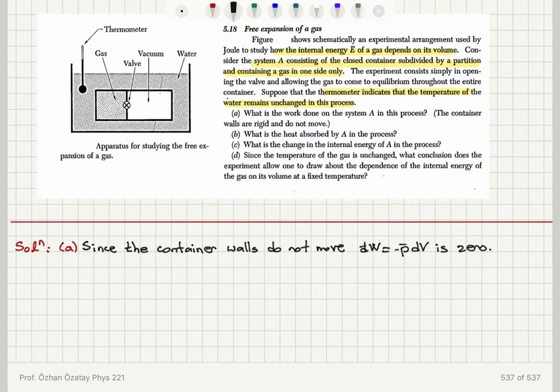And furthermore, if you concentrate on the gas only, there is no external force acting on the gas molecules. We simply open up this valve and the gas molecules fill the full container. So there is no external force acting.